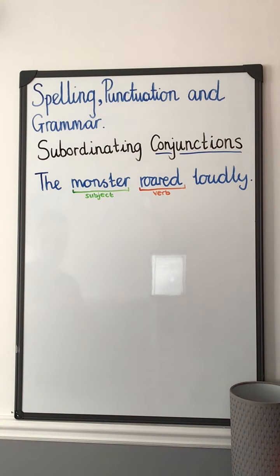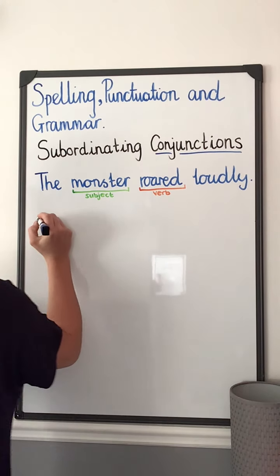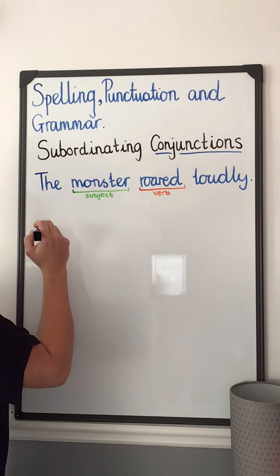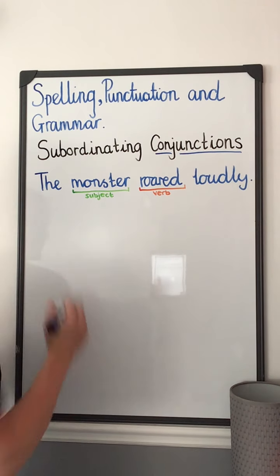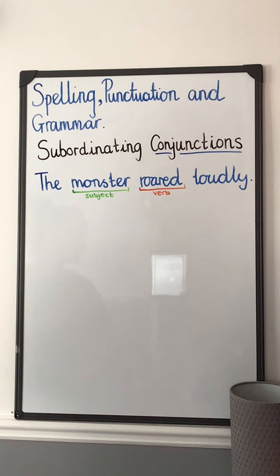Now we're going to go back to subordinating conjunctions. There's many different subordinating conjunctions, but for this activity today, we're going to focus on just a few.